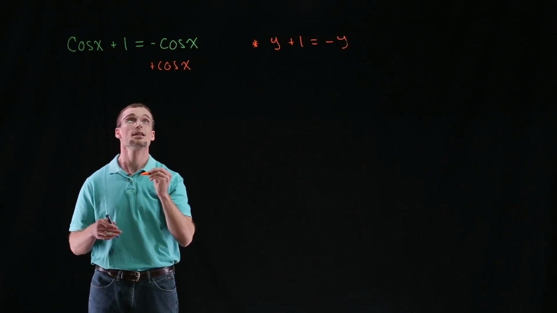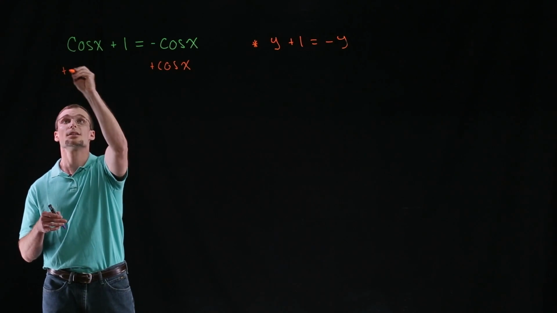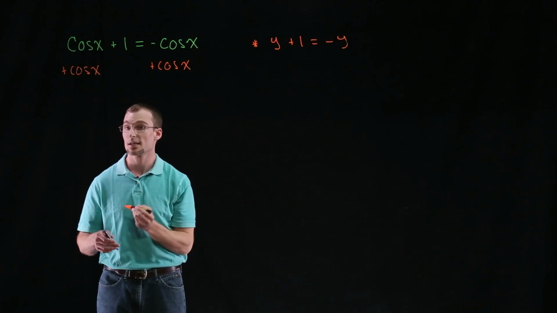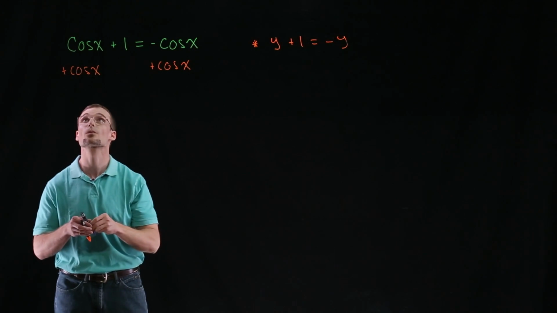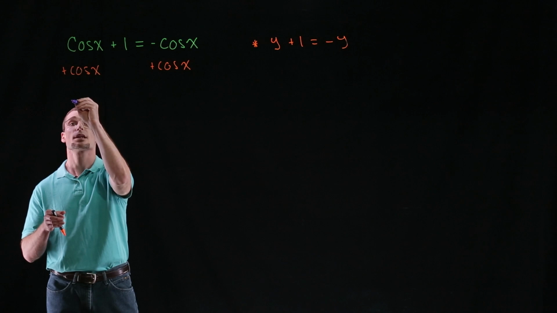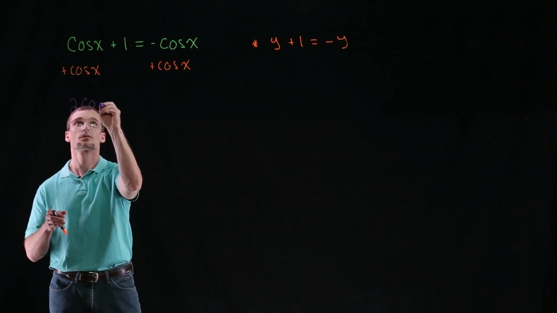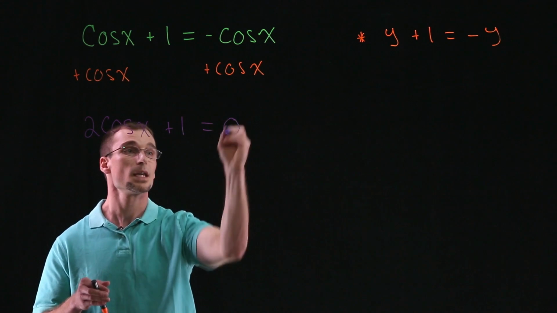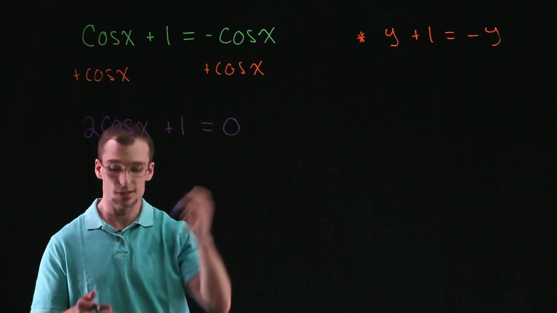So we're going to add this cosine to both sides so that the cosine and negative cosine cancel on the right. And that's going to give us, say, 2 cosine x plus 1 equals 0. And next, bring our constants over.